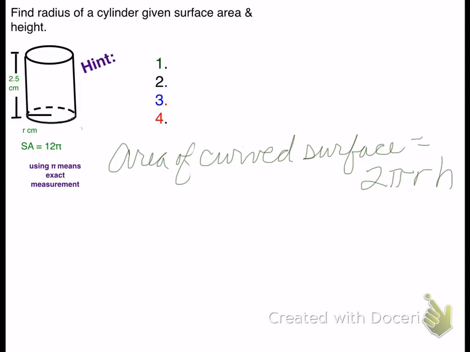So I can use that to find my answer. I'm going to start substituting in here, and I will have 2 times pi. And why am I using pi instead of 3.14? Well, let's consider that. It doesn't ask me to round in this question. That means I'm getting an exact answer, and to get an exact answer, I need to use pi. So I'm using my formula.